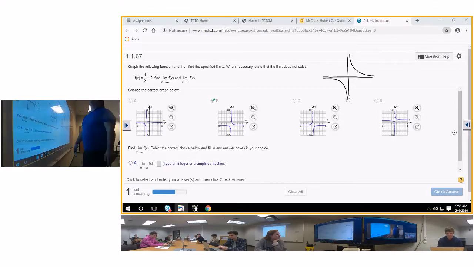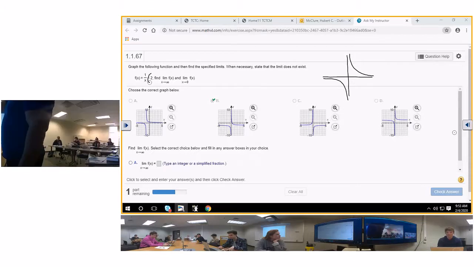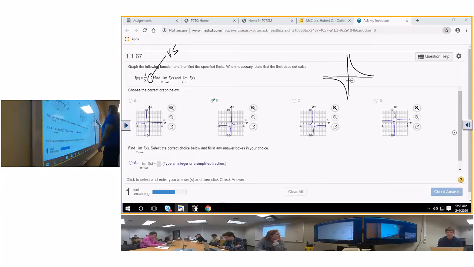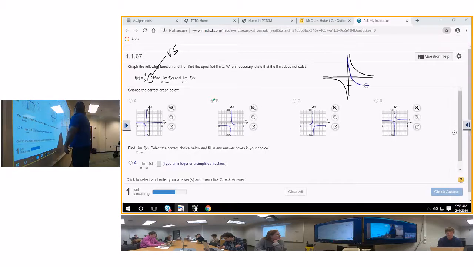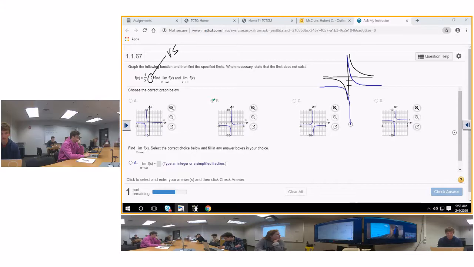But x does not have the -2 with it, so that means that -2 is a what shift? Good job. Vertical shift, 2 down. So our new graph, I'm going to draw it in blue, should look like this. So which one of those look like that?